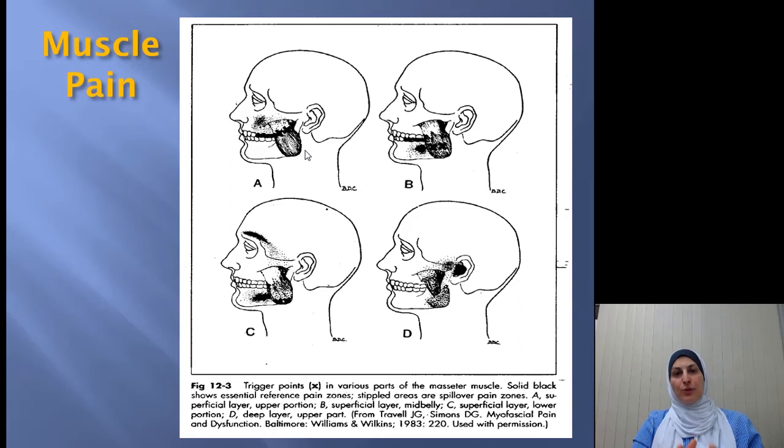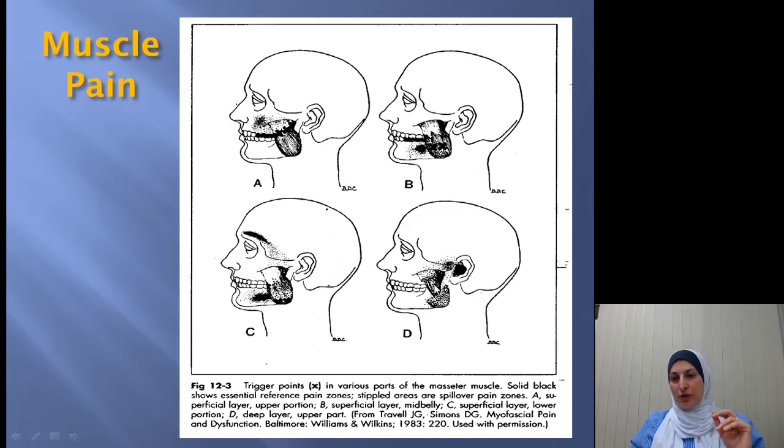So when a patient comes to you complaining of a dental pain, you did a comprehensive dental examination, and there is nothing in his teeth, go ahead and examine the muscles of mastication. It is possible that the pain is referred from the muscles of mastication. Here again, the taut bands are located a little bit lower in the masseter muscle, and the referral is to the lower teeth.